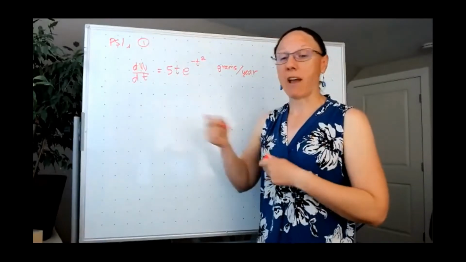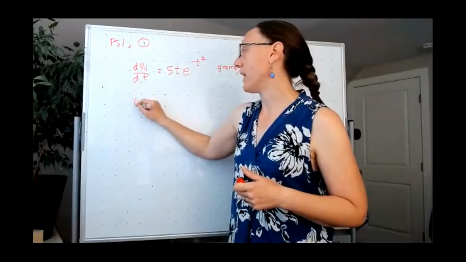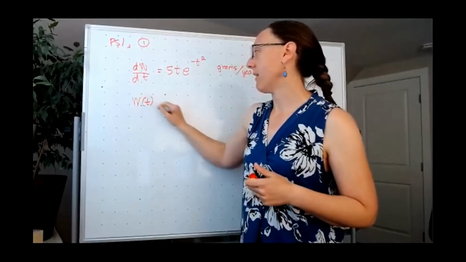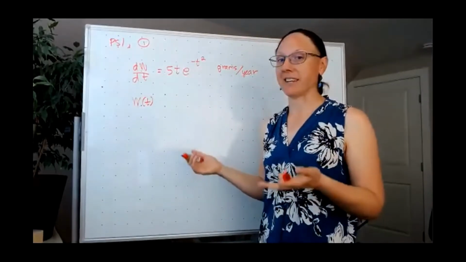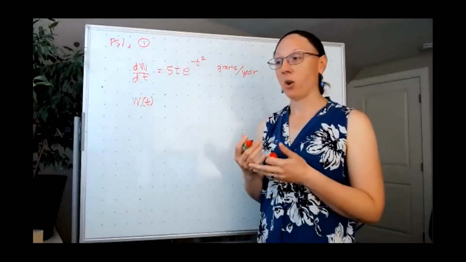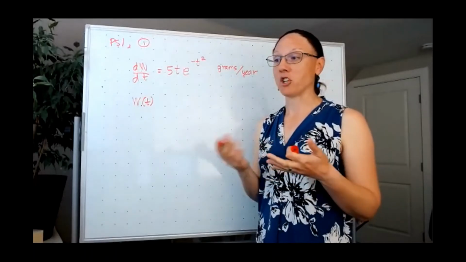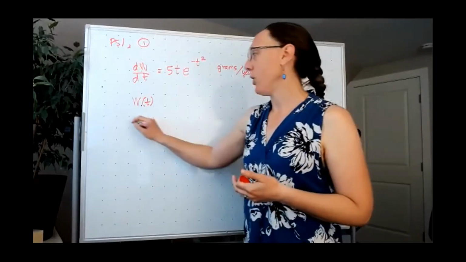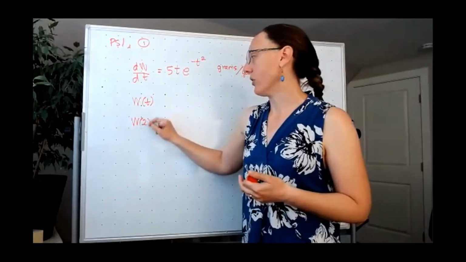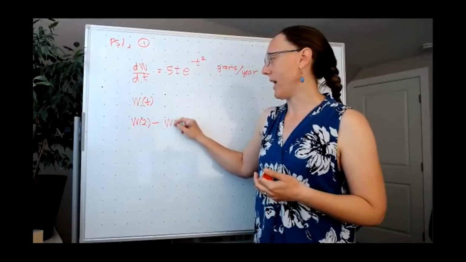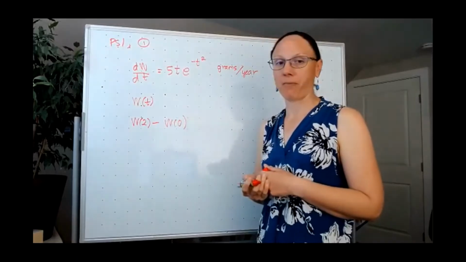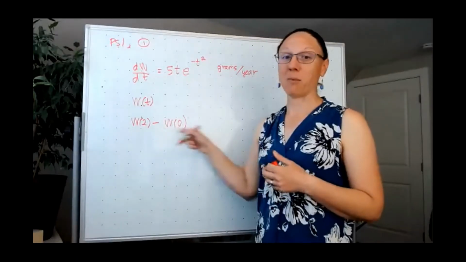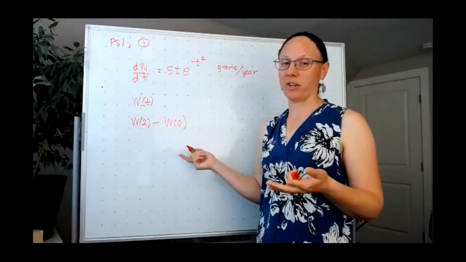And so if I found a function for the weight at any given time by finding the antiderivative, then that question about how much did it change in the first 2 years would look like what was the weight at year 2 minus what was the weight at year 0. That would be my total change in the first 2 years.